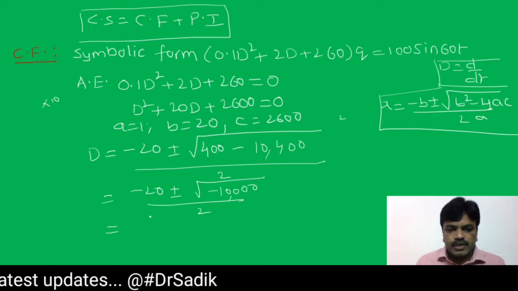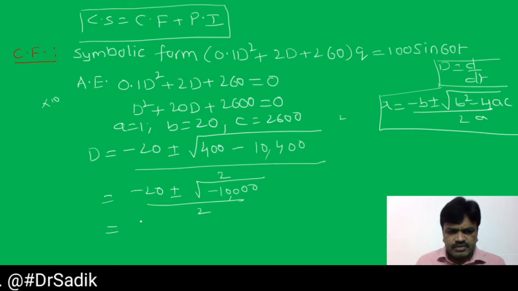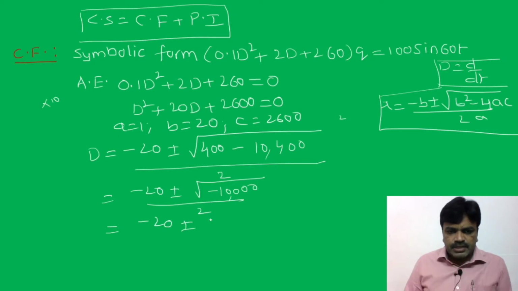Now separate the terms. This can be written as minus 20 plus or minus square root of minus 1 times 10,000. Here i² is equal to minus 1, so the square root of i² gives i. Square root of 10,000 gives 100, divided by 2.